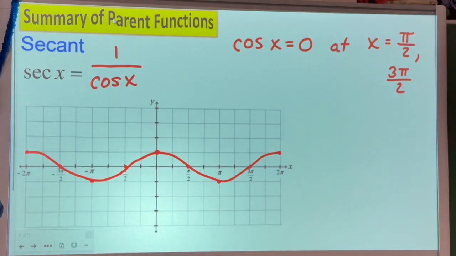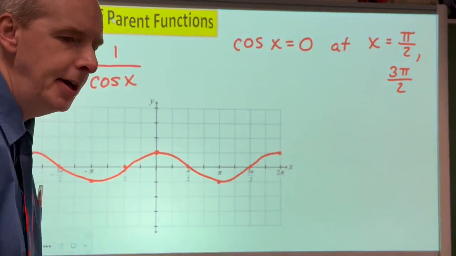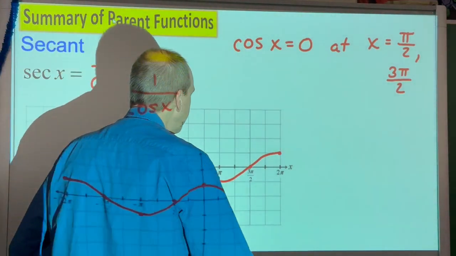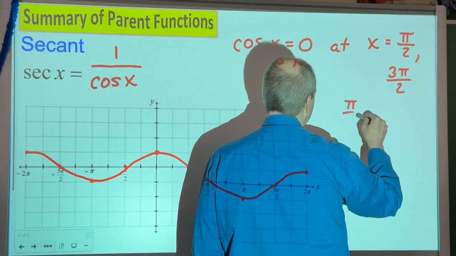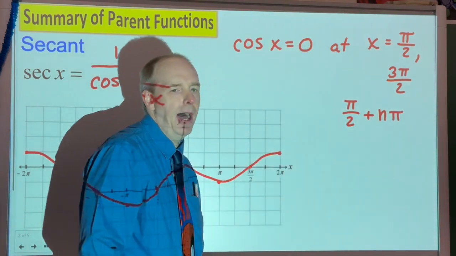So it's every value of pi past here, past here, past here. It's your pi over 2, 3 pi over 2, 5 pi over 2, 7 pi over 2. It's your pi over 2 plus any value of pi.